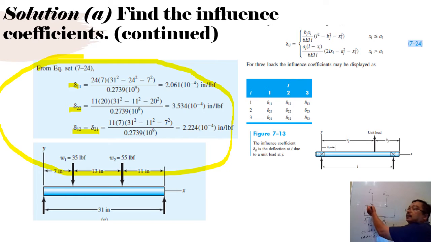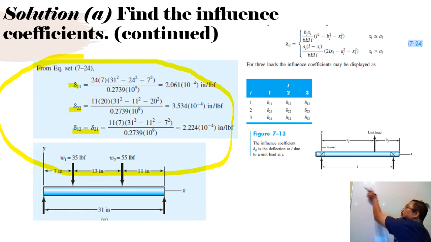Meaning you give a load here and it moves here, you give a load here and it moves here. It is a relation. That is the meaning of D11, D22, D12 and D21. I hope you understand that.